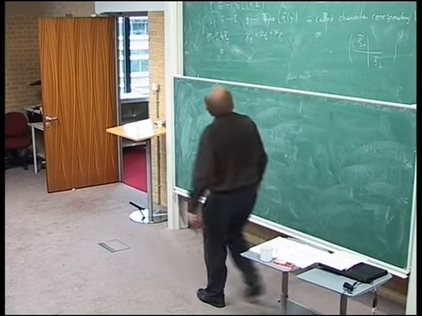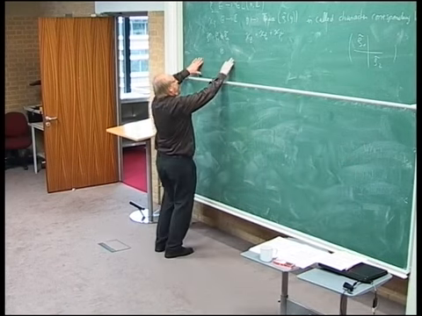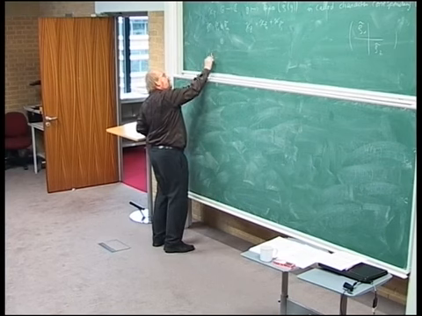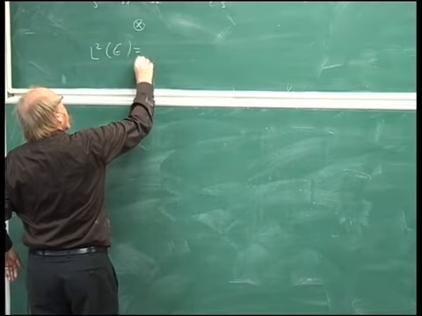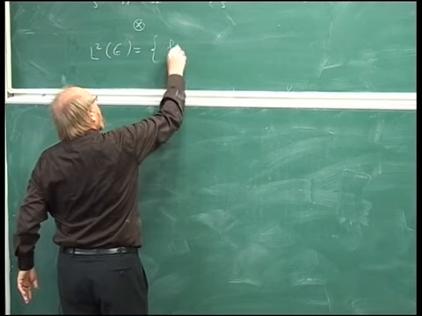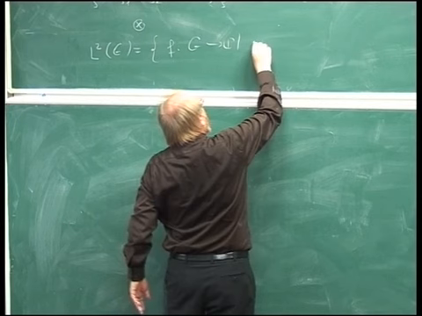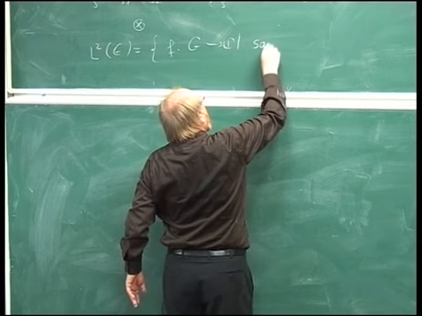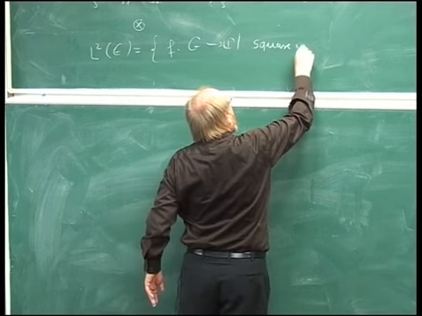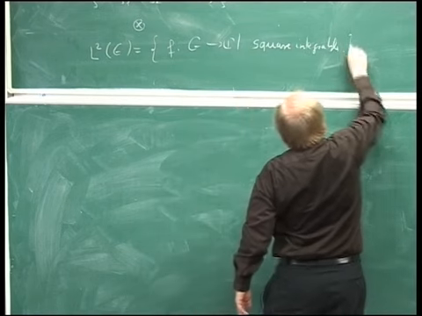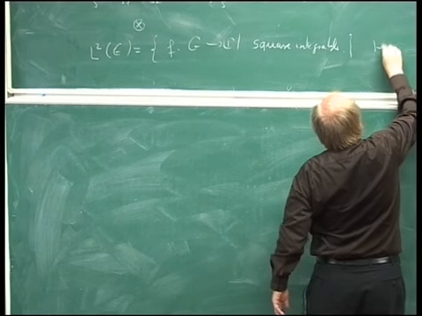So we introduce a very fancy notation. We write L2 of G is the set of all F from G into C, which are square integrable. And then, of course, this we know is a Hilbert space.